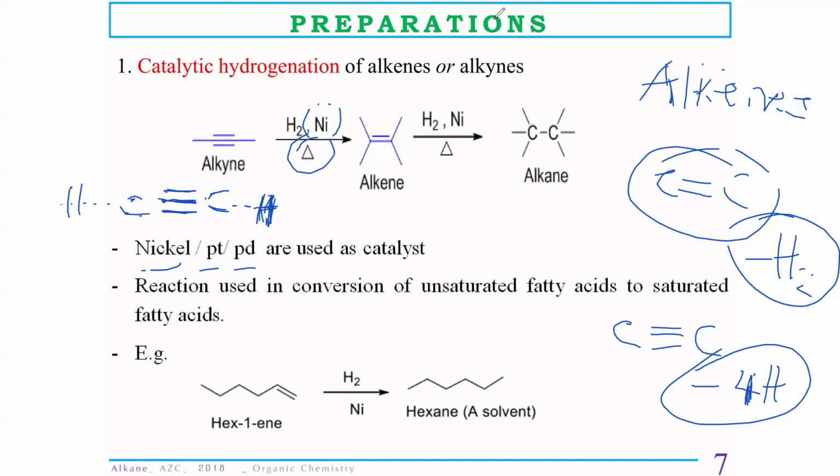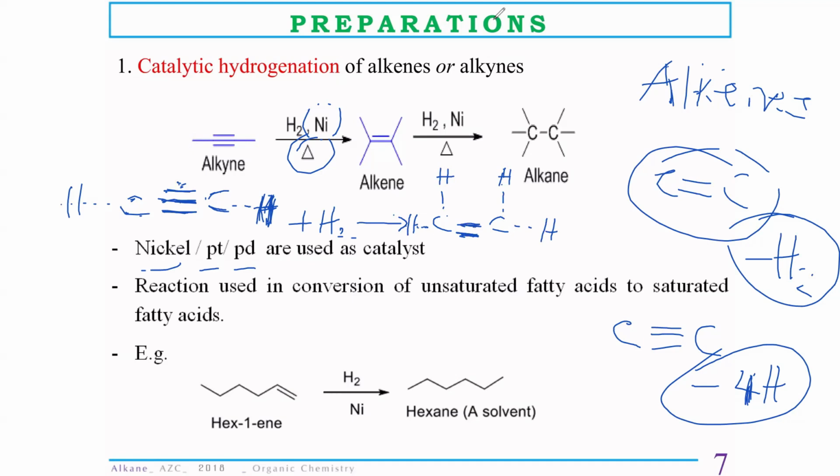So in the first reaction, you are adding hydrogen atoms, and in doing so you break one of the pi bonds. As a result, one hydrogen atom is added here, and another hydrogen is added there. But there is still one pi bond, so we have a double bond.